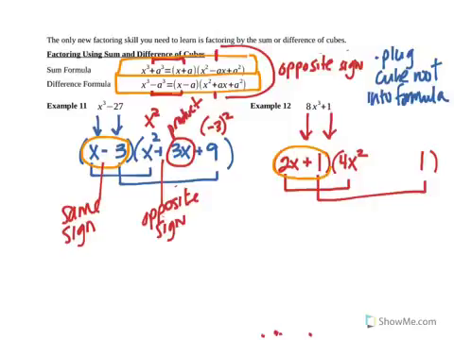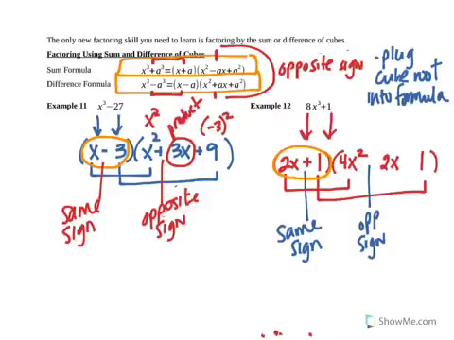I'm going to take the product and put that in here. Remember, this guy was the same sign. This guy's going to be the opposite sign. This guy was 2x squared. This guy was 1 squared. And this guy, again, was the product.